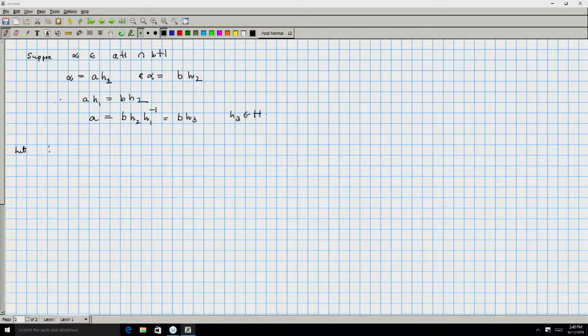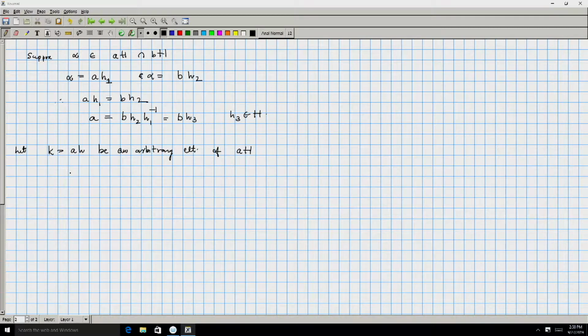Let k be an arbitrary element of aH. We want to show that k will belong to bH, and exactly the same reasoning will show that any element in bH will also belong to aH. So, let us first do the proof that any element of aH will belong to the set bH.